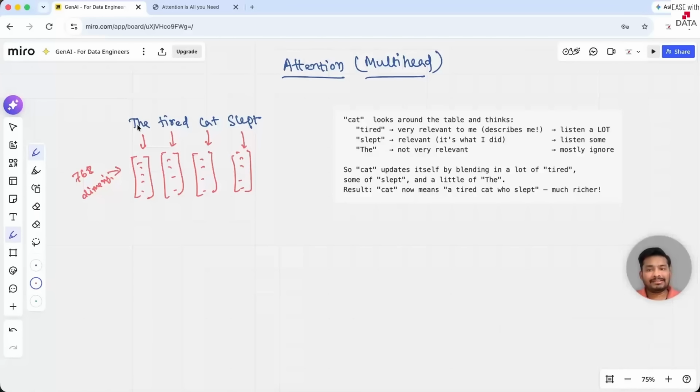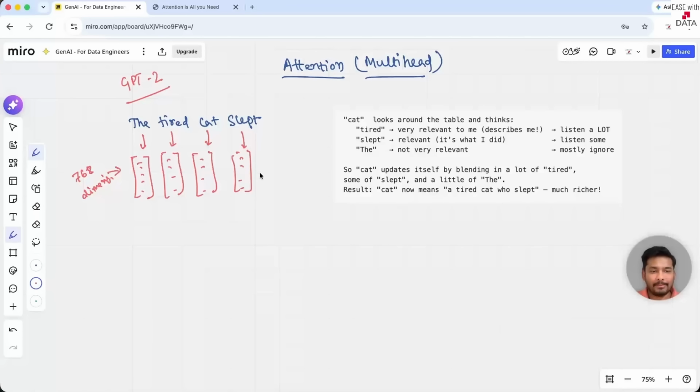So let's take an example where we have a text, the tired cat slept. We already know that we convert the tokens into embeddings. So there are 4 embeddings that would get converted, and we are talking about GPT-2 here. Any number that I talk about next would be for GPT-2, and this stays true for all the frontier models.